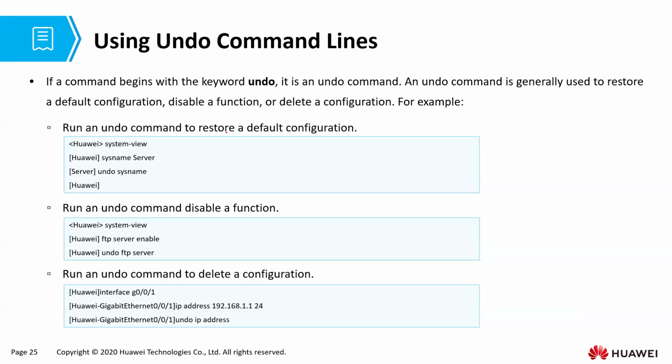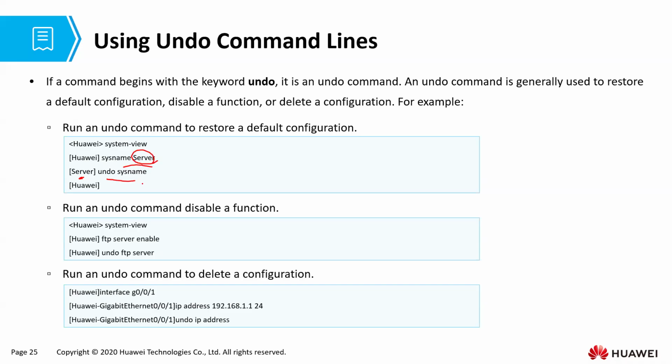The undo command, this one is basically used to reverse my commands. If you enter a command that sets an IP address, then you enter undo, it removes the IP address. For example, the name of the system, we've changed it to server here.